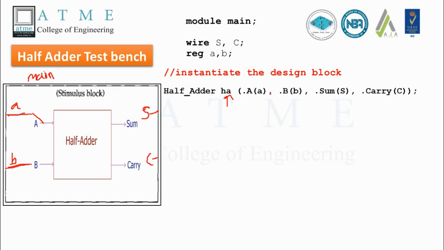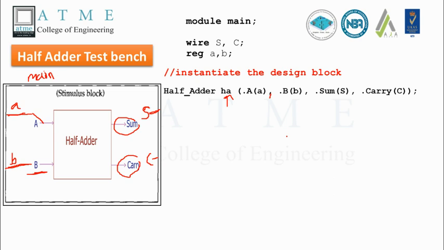The next connection should be separated by a comma, then dot b, that is the input port b of the half adder, is connected with the b of the stimulus block. Then, separated with a comma, the output port sum is connected with the s of the test bench, and at last the output port carry, that is dot carry, is connected with c of the stimulus block.